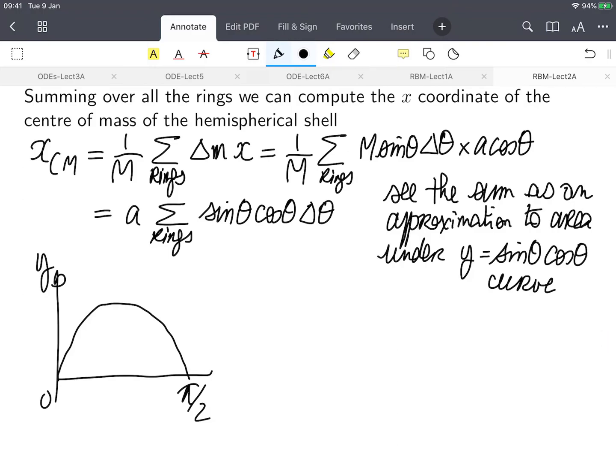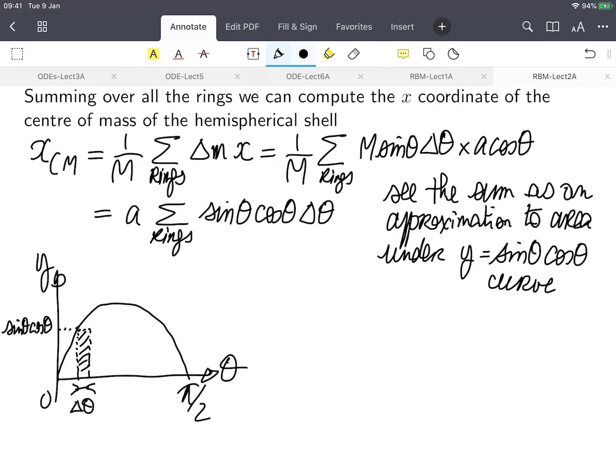If I look at this quantity here, sine theta cos theta times delta theta, it's going to be, say, this point on the curve, sine theta cos theta, and if I multiply by delta theta, I get the area of this small rectangle.